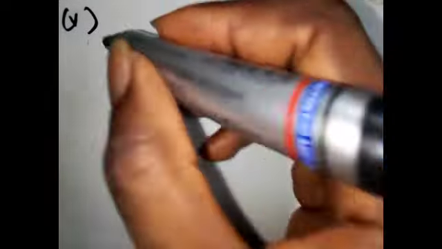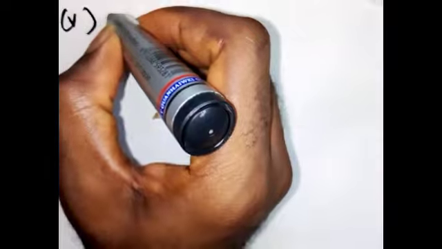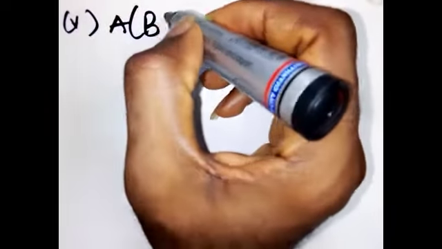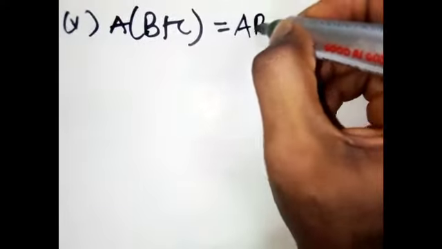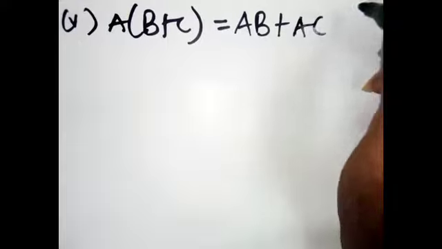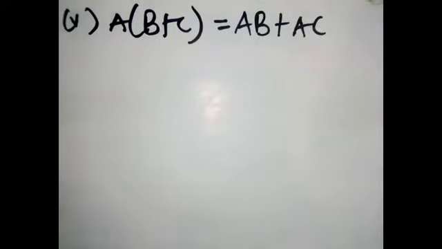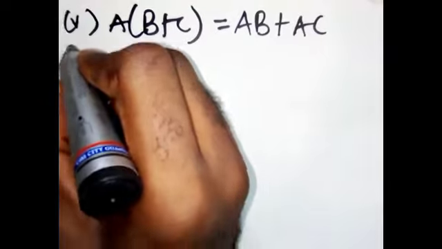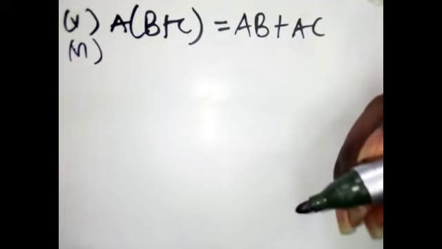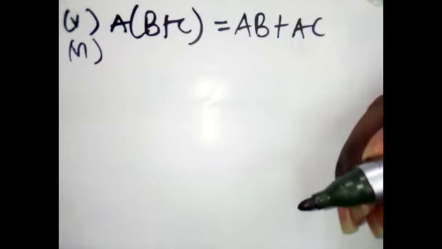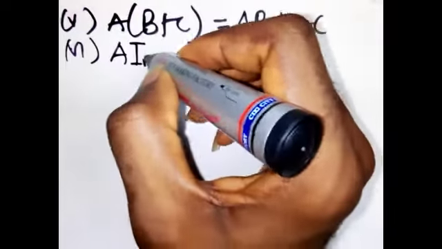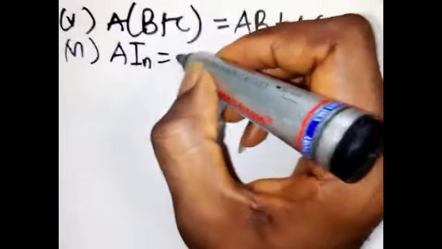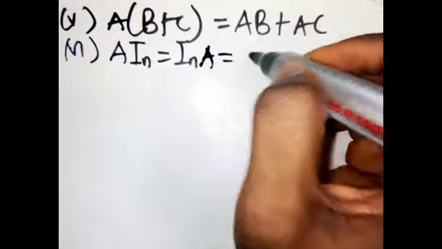That is to say, A times (B plus C) will give the same thing as AB plus AC. Also, the product of a matrix with an identity matrix gives us the matrix. That is, A multiplied by an identity matrix is the same as an identity matrix multiplied by A, which is equal to A.